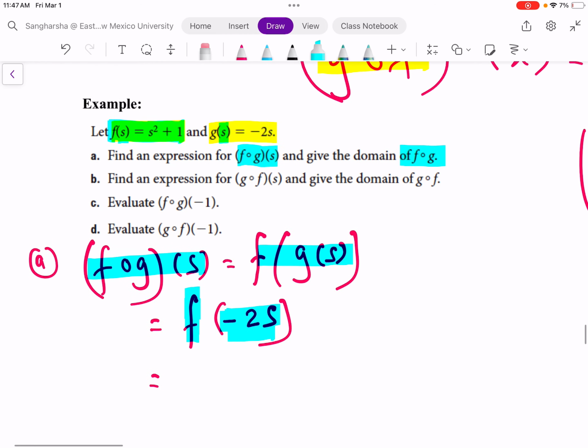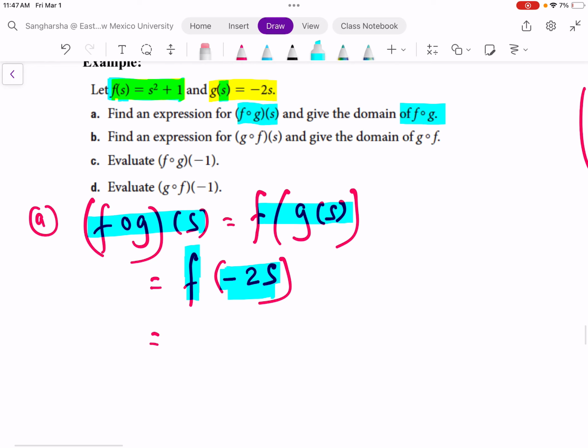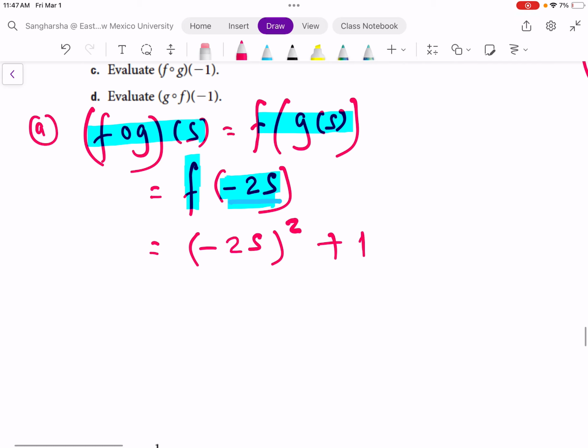We have negative 2s, and we have a square, so more than one term, so we have parentheses, plus 1. And once you substitute, you are not writing f anymore. Once you substitute g of s equals negative 2s, there is no more g. In a similar way, you substitute negative 2s for the f function, and once you substitute, there is no more f. F is gone. Okay, we get the output.